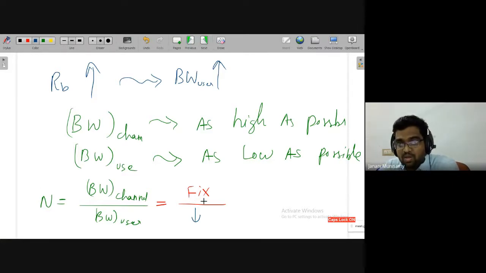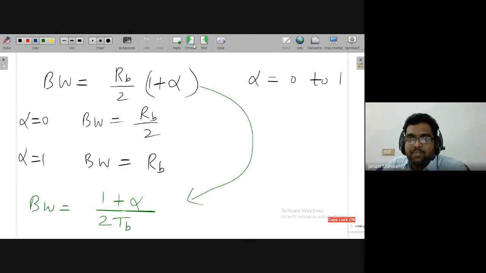In general, we have some common channel and each user has their own bandwidth. If by some technique you reduce the bandwidth of the individual user, you can accommodate more people. Otherwise, if you increase user bandwidth, you cannot accommodate many people, and the number of users in the system will reduce automatically. So now we'll come to our discussion.